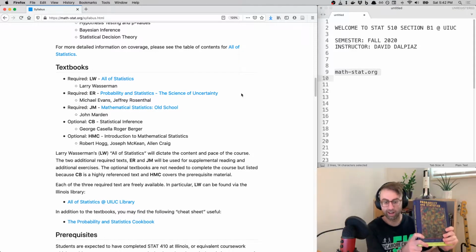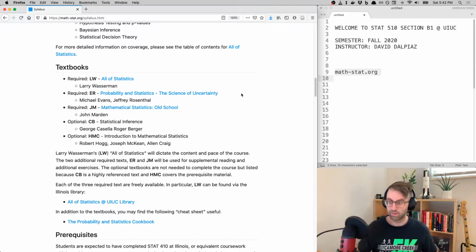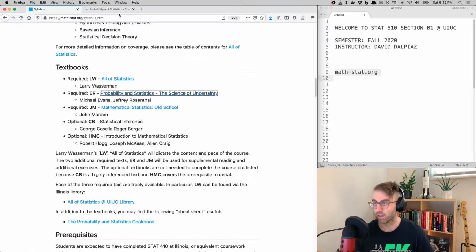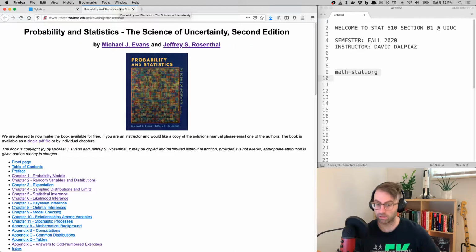Don't buy it. These authors were nice enough to put their entire book online for free. Wonderful. This book is maybe not at the exact correct level of difficulty for this course. It's maybe a little more targeted at undergraduate students, but we'll use it mostly for practice problems along the way.